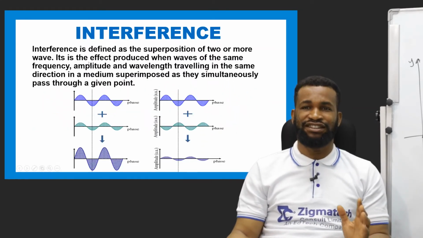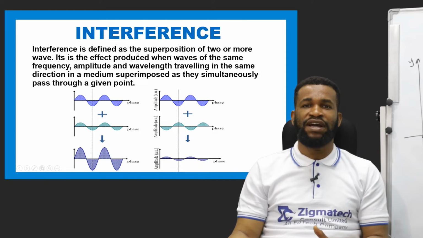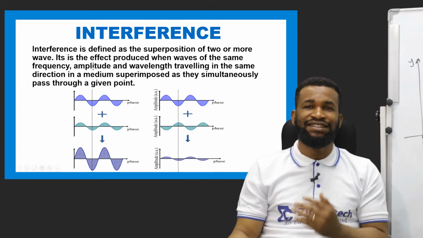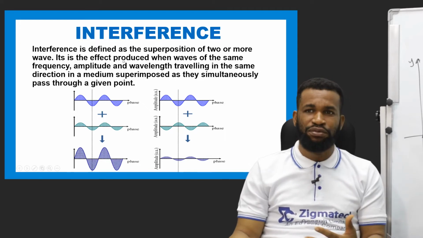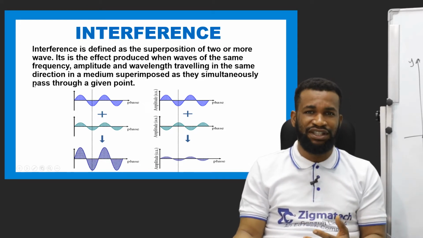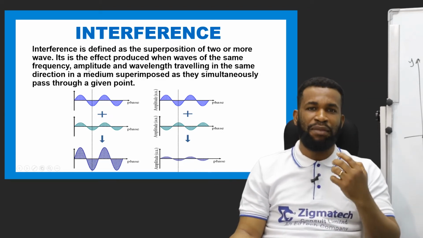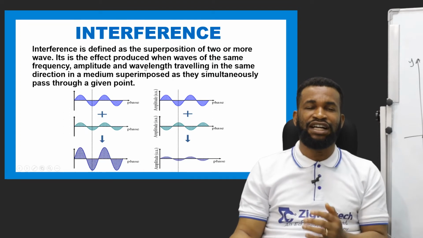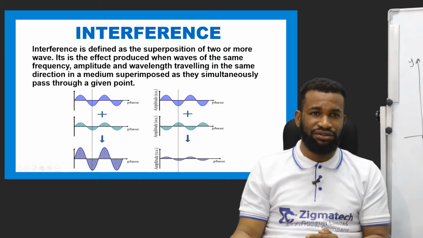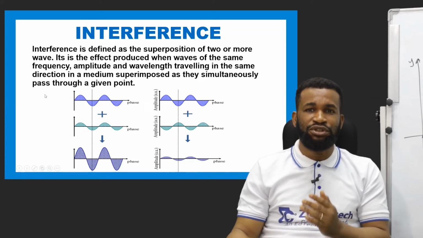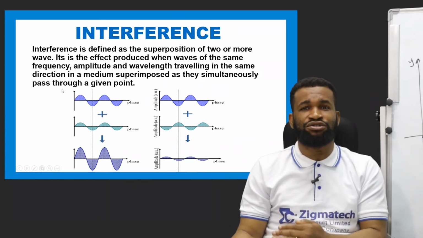Now, when we talk about interference, it is defined as superimposition of two or more waves. It is the effect produced when waves of the same frequency, the same amplitude, and wavelength are traveling in the same direction in a medium and are superimposed as they simultaneously pass through a given point.